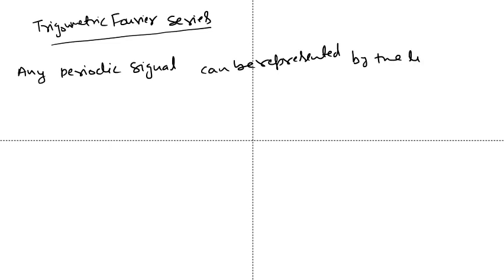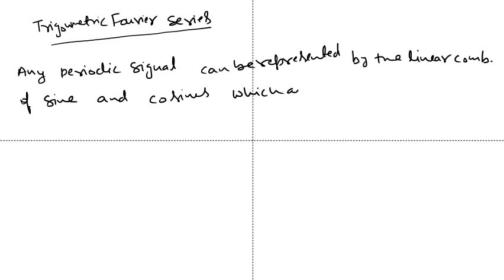So let me first write down: any periodic signal can be represented by the linear combination of sines and cosines signals which are harmonically related to each other.